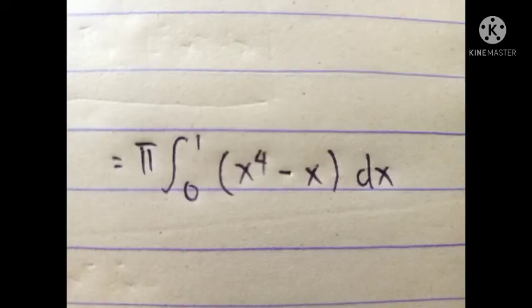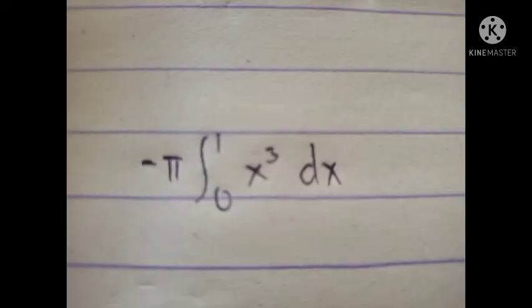Now we'll multiply the exponents of x squared to the power of 2, so we'll get x to the power of 4 minus, square root of x to the power of 2 is just simply x, so we now have pi times the integration from 0 to 1 of x to the power of 4 minus x dx.